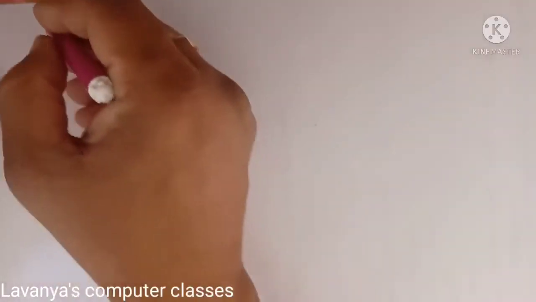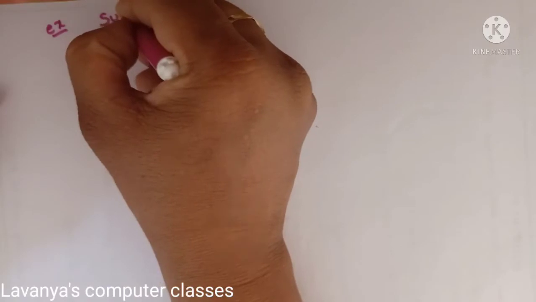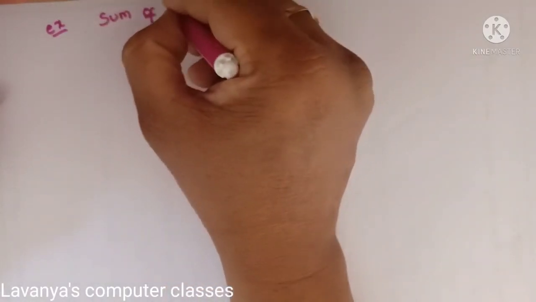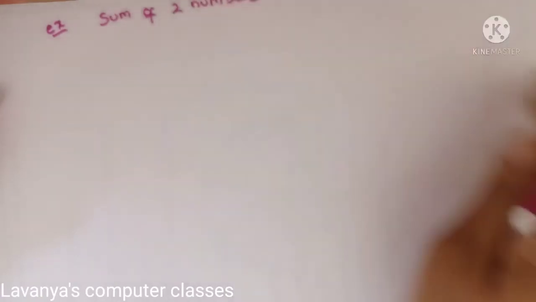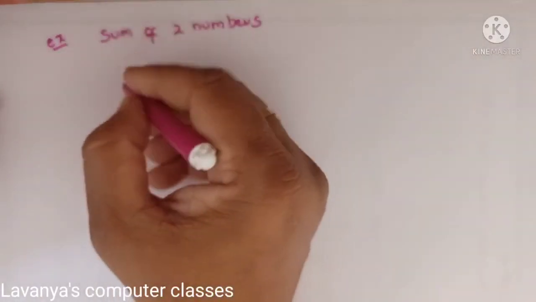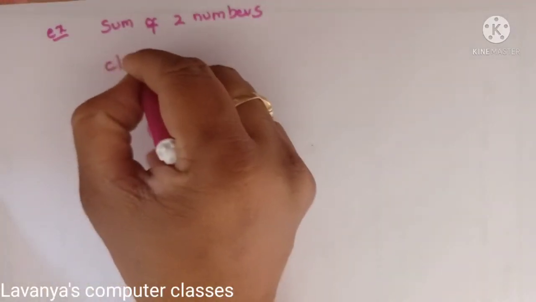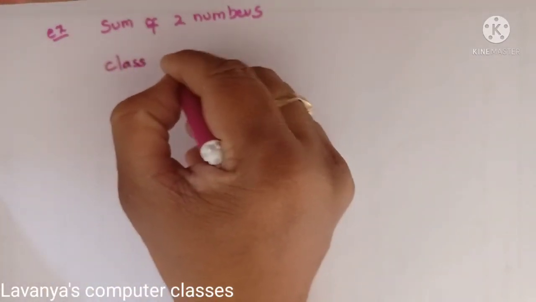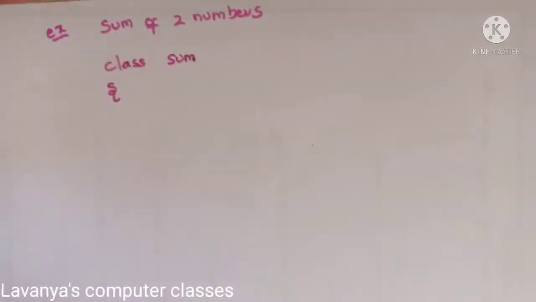Now we will explain with one example. Sum of two numbers. Write a program to find the sum of two numbers. How can you create and compile this program? For this we need the program's class name. My class name is Sum, S should be a capital letter.